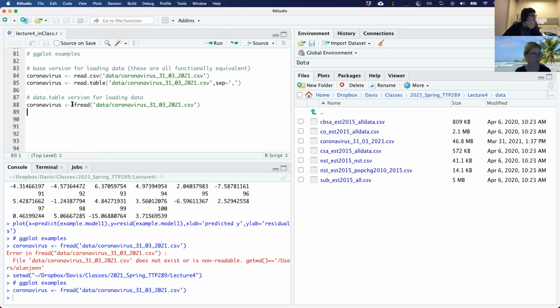This is definitely one of the most handy functions that I've learned about. I sure do wish that I knew about this in grad school, because when I was in grad school, I would work on these large registration data sets.